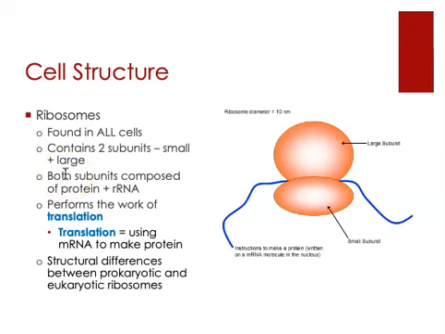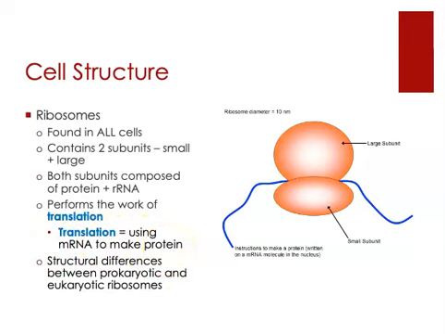That just stands for ribosomal RNA. Ribosomes are making protein. They're performing a process called translation. Translation is the process where a messenger RNA molecule is being used as the code to make proteins.